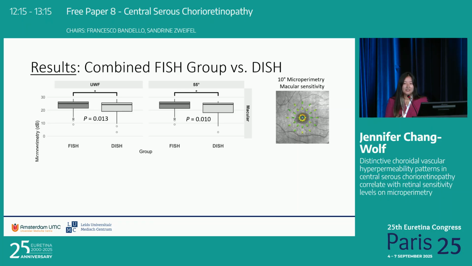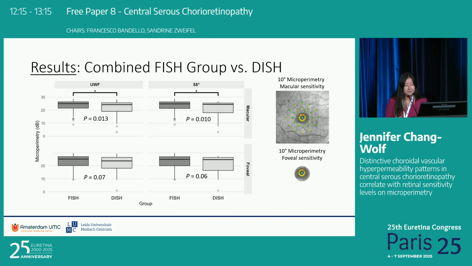And we found that indeed, if you take the fish group as one combined group, then you have a starker difference between fish compared to dish, on both ultra-wide field and 55-degree CVH grading, looking at macular sensitivity. For foveal sensitivity, this was slightly less powered to find a difference, but there does seem to be a slight distinction between the two.